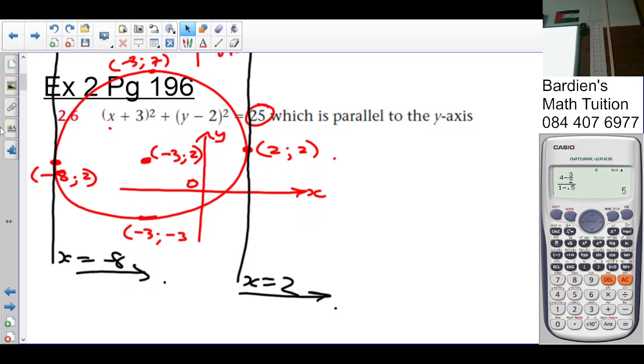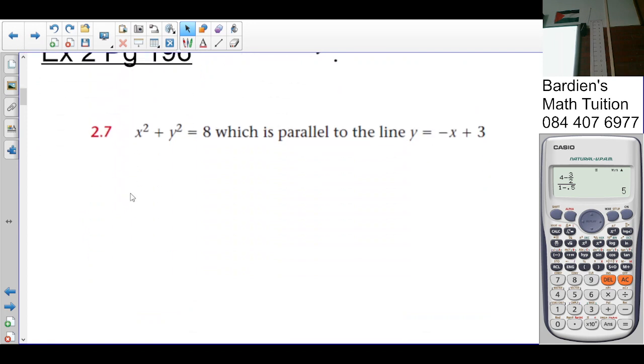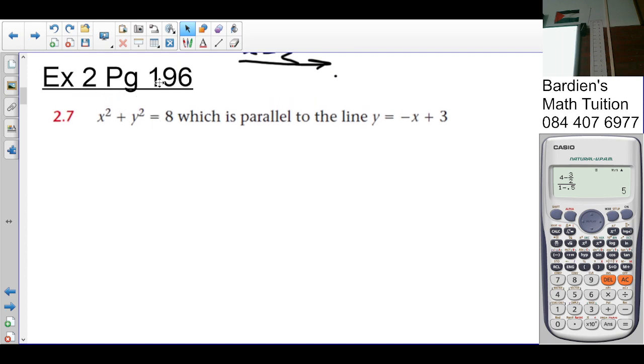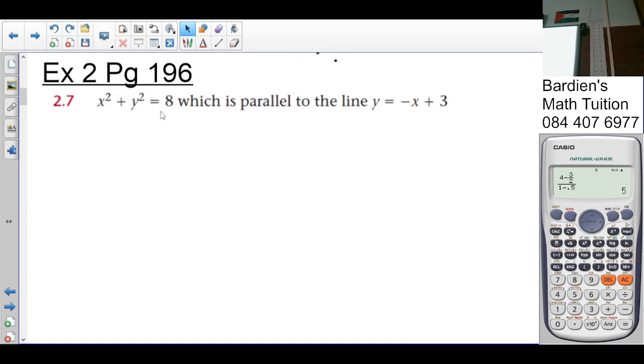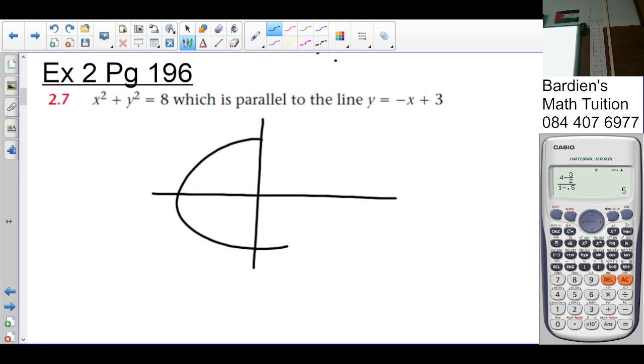Okay, let's go on with our lives. 2.7. Determine the equation or the equations of the tangent or tangents which is parallel to the line y is equal to negative x plus 3. So what I do is again draw. This is the origin. Okay?